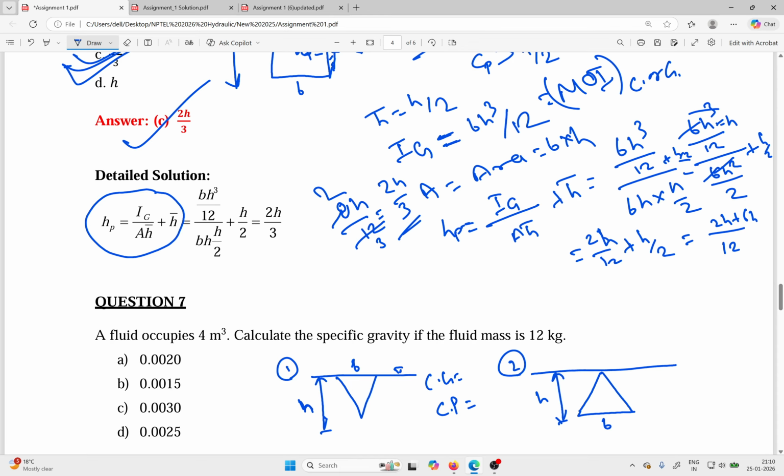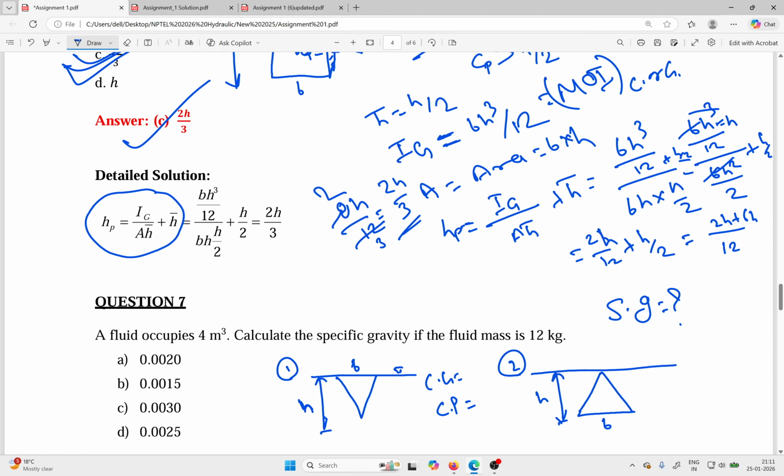So here you need to calculate the specific gravity. Remember please. If the fluid occupies 4 meter cube, so what will be the specific gravity?